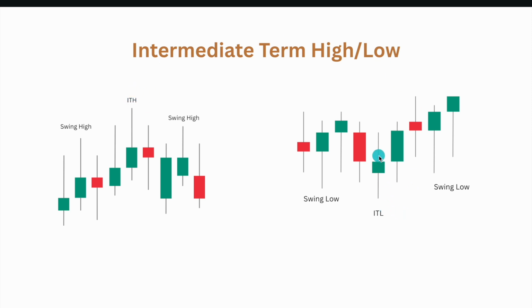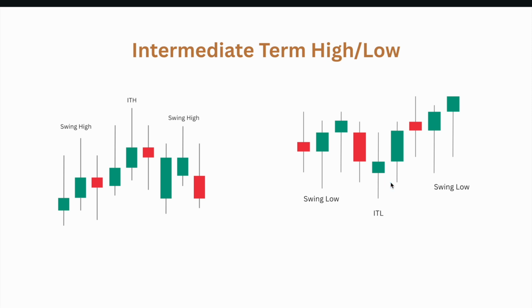Similarly, an intermediate term low has a higher swing low on the left and a higher swing low on the right on our price chart. Then this low is called an intermediate term low.